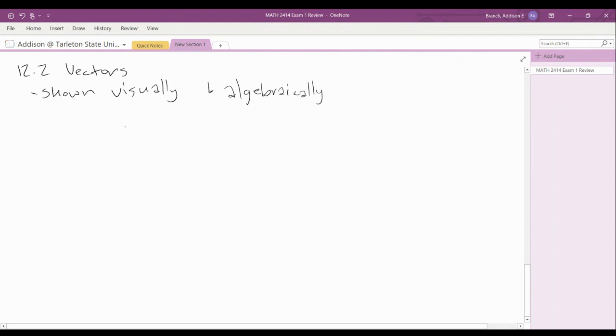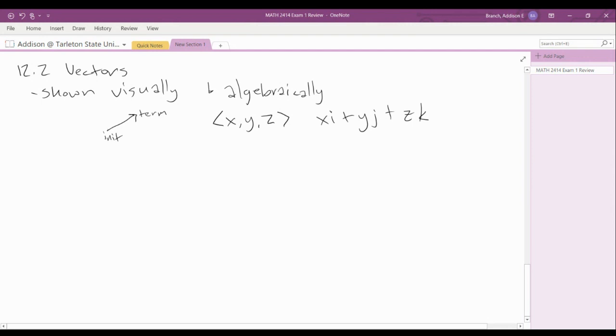So visually, we know it's just going to be a graph where you have your tip and your tail, your initial and your terminal point. Or you can do components in the form x, y, and if you're in 3D, z. Or you can do xi plus yj plus zk.